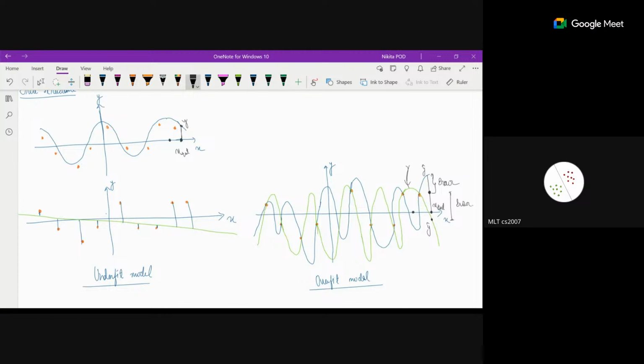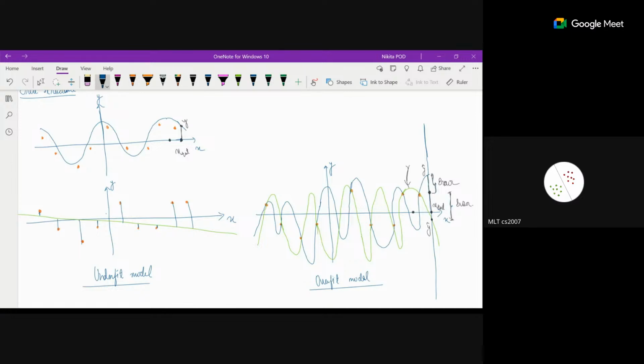Now, what can happen is you can also take another data set, observe it, and fit some different model. So for every overfit model that you take, the variance that you're going to get in the error is going to be very high. For this blue curve my error is this much, for the green curve the error is this.